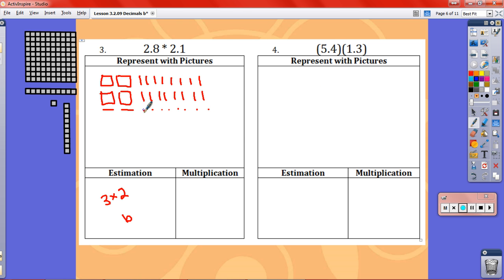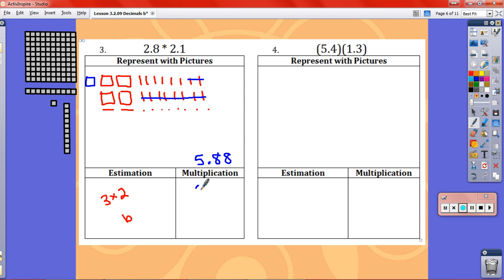Let's see if I can group anything. Well, there are 8 hundredths, so that's going to stay. There are 16, 17, 18 tenths, so that's 8, 9, 10. Gives me a whole. And then 8 left, so 8 tenths and 5 wholes.